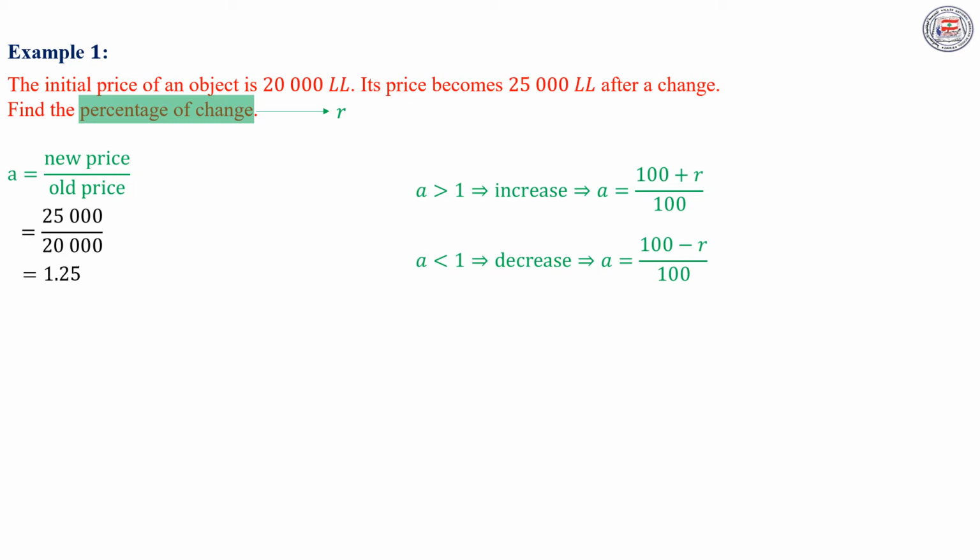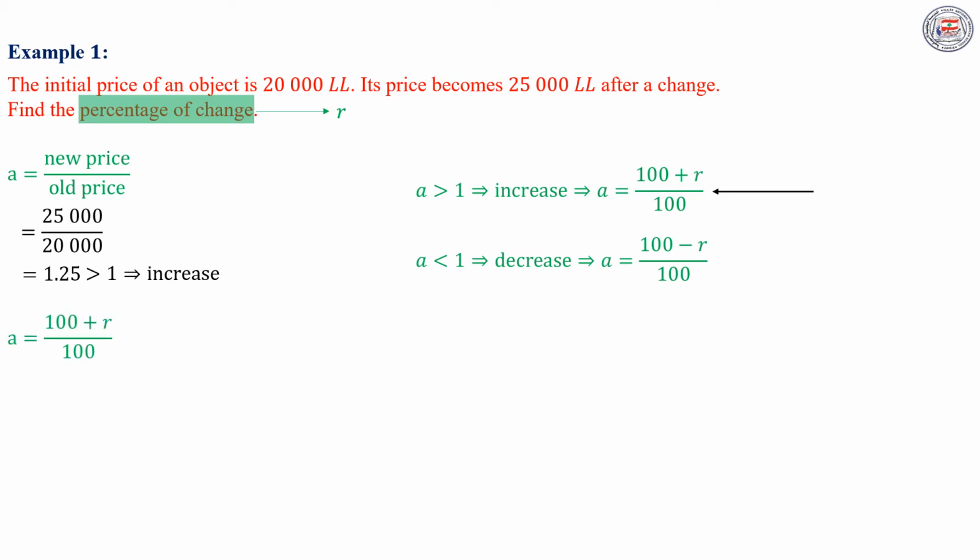In our example, A is equal to 1.25, which is greater than 1, then we have an increase in price. That's why we have to use the first formula for A, which is 100 plus R over 100.